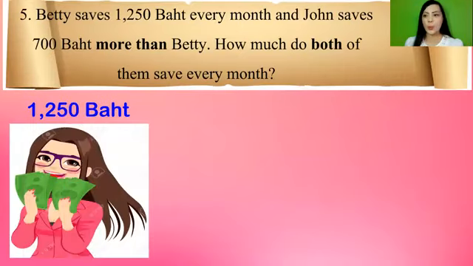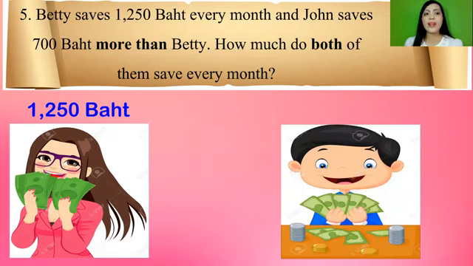Betty saves 1,250 baht every month. Wow. And John saves 700 baht more than Betty. How much do both of them save every month? So definitely we are looking for the total money they save.